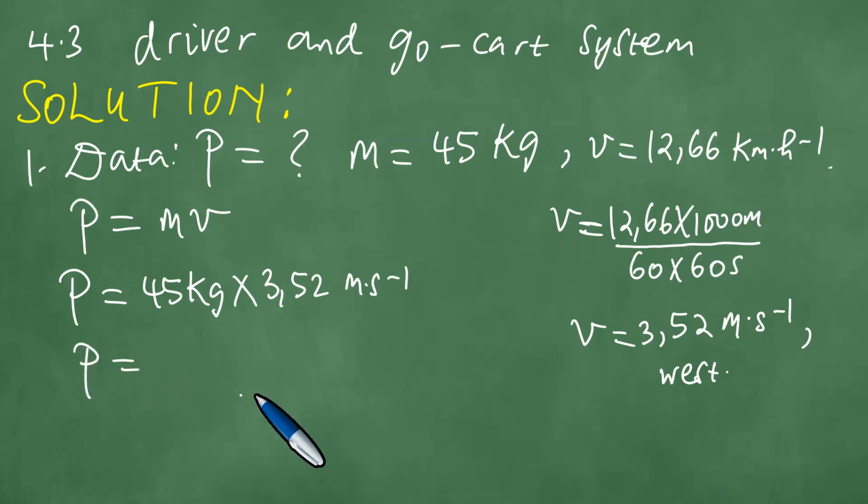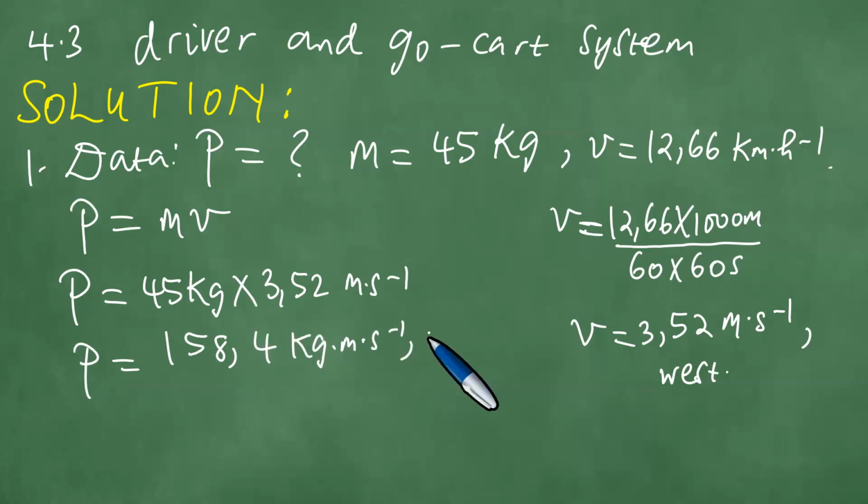So if you multiply these things, what do we get? Okay, so we multiply these: 45 times 3.52, which is 158.4 kilograms meters per second, west.